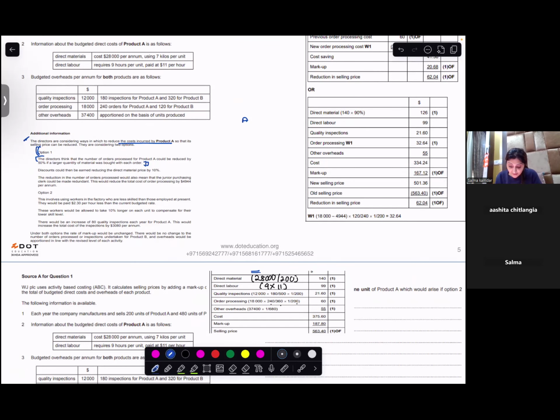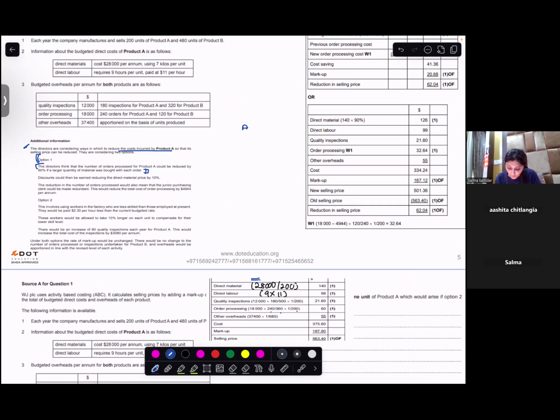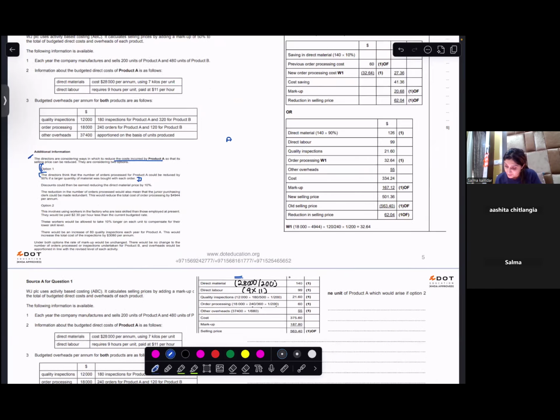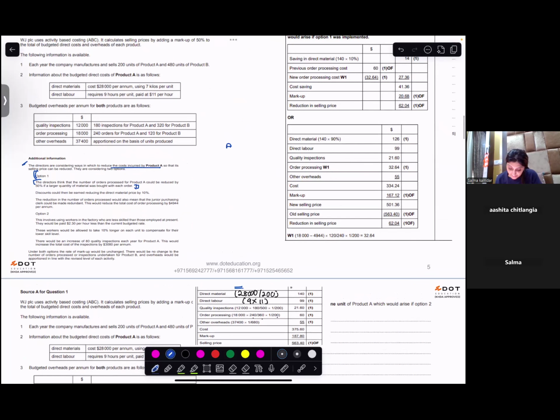Okay, fine. The directors think that the number of orders processed for product A could be reduced by 50%. Can you tell me the orders processed for product A per annum?